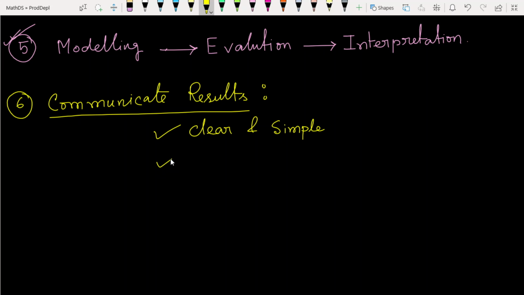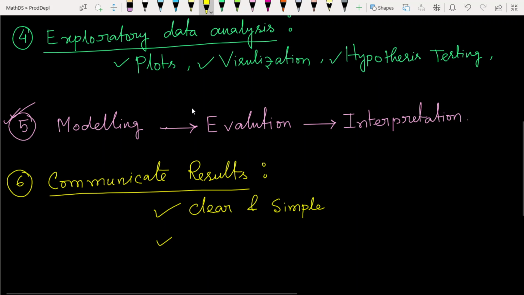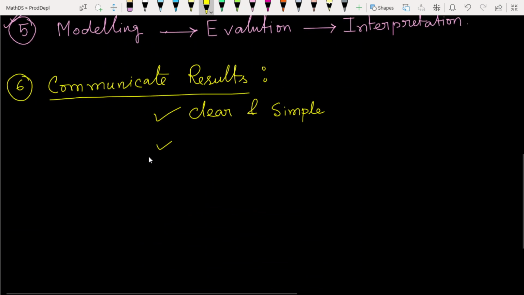Another thing is that our results need not be a huge text. You have to communicate your results to non-machine learning engineers. They know nothing about which models you used or what EDA you applied. They just use your results and try to understand based on them.